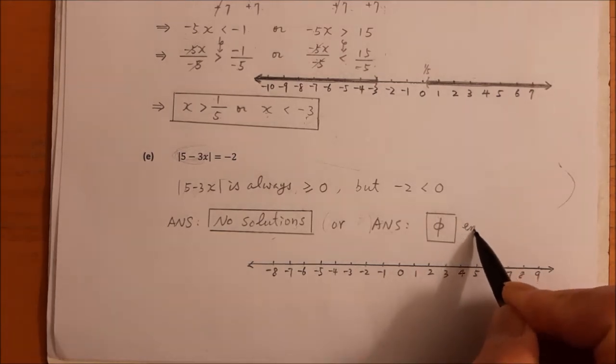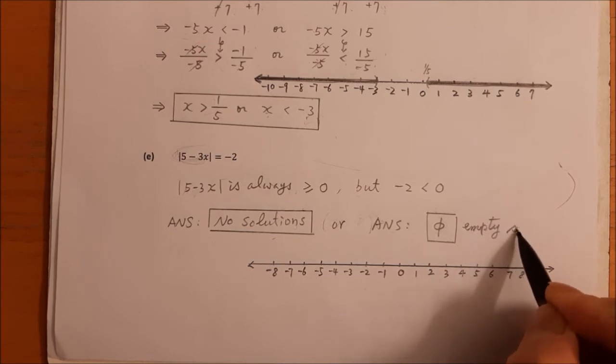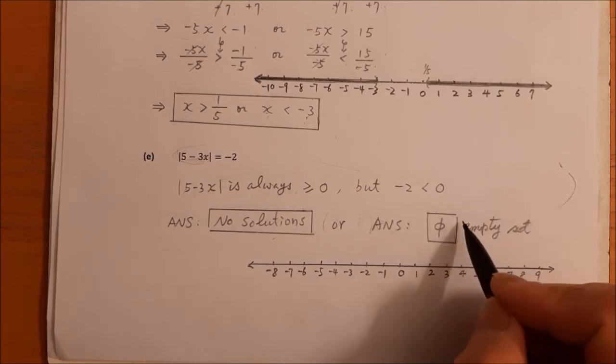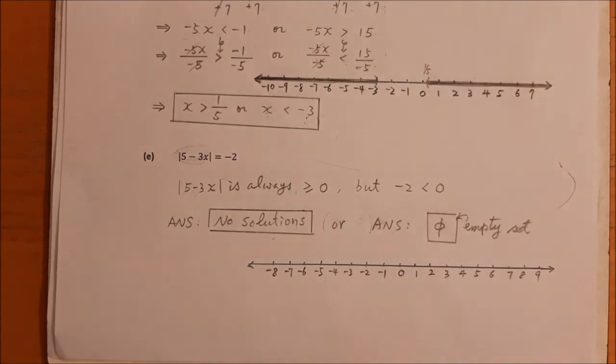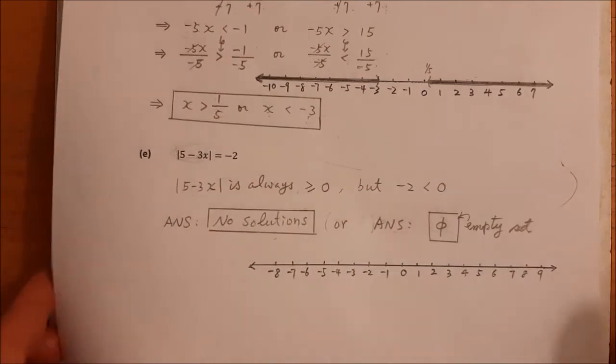The empty set is a circle with a slash. When you draw the graph, since there is no solution, do not put anything on the graph, on the line.